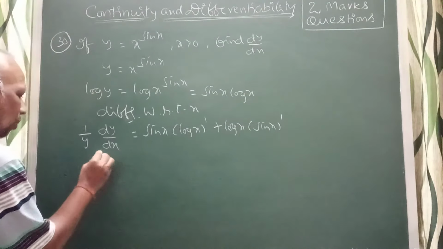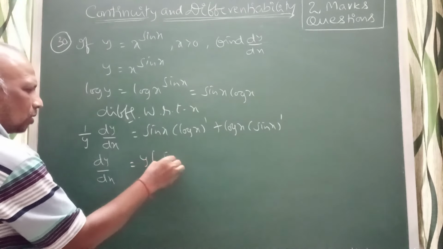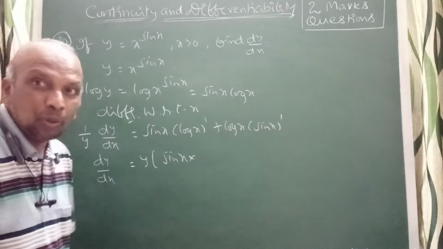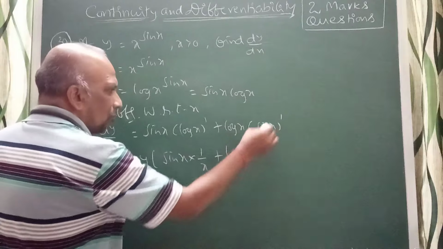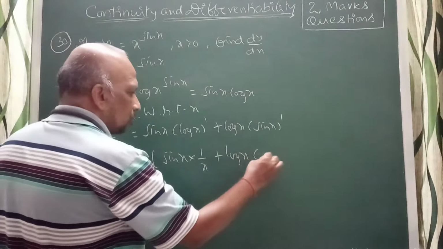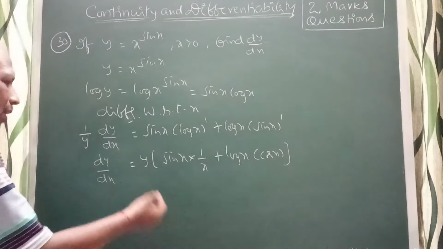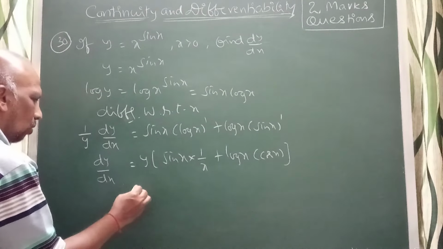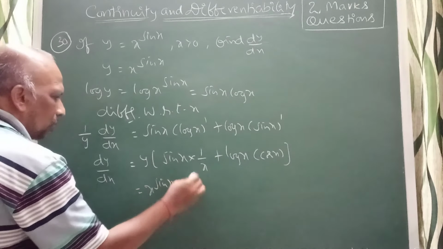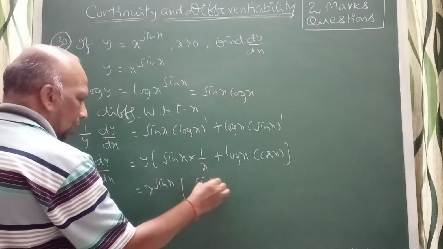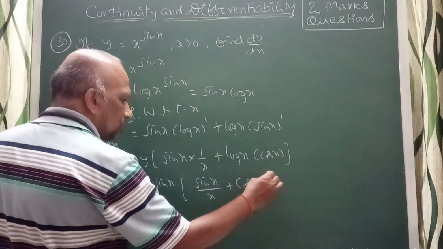Now you can see dy by dx is y into sin x, the derivative of log x we know 1 by x, plus log x into derivative of sin x, which is cos x. Now I can write dy by dx is equal to, what is y? x power sin x into sin x by x plus cos x log x.